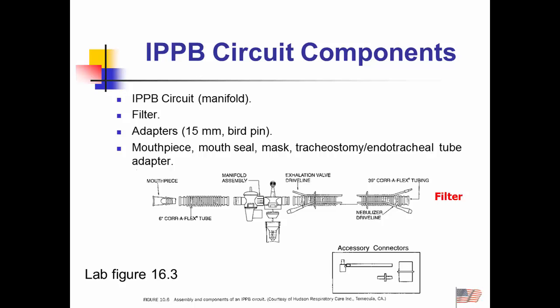Another component of the circuit of the IPB delivery is that we have to have an IPB circuit. And this is basically attached, the one end on the right-hand side here attaches to a filter, which attaches to the unit itself. This tubing then has 2 drive lines. And there's a little jumper cable that goes between the two. So this is my exhalation valve.